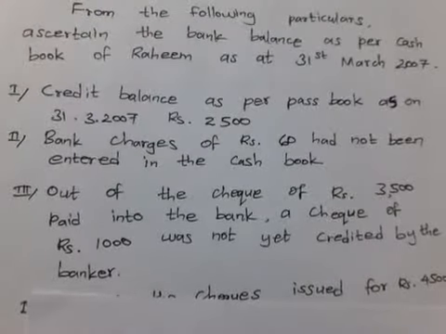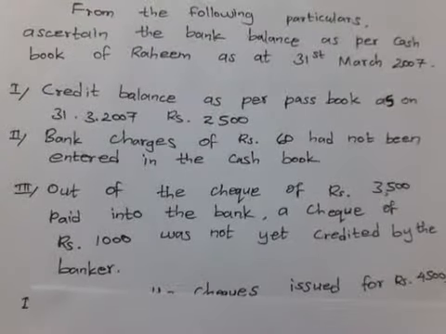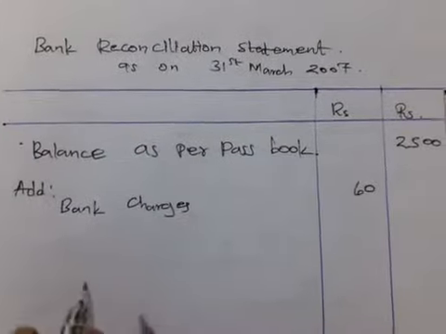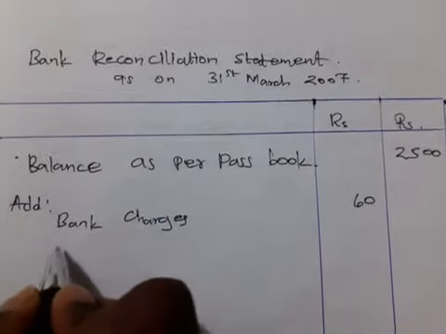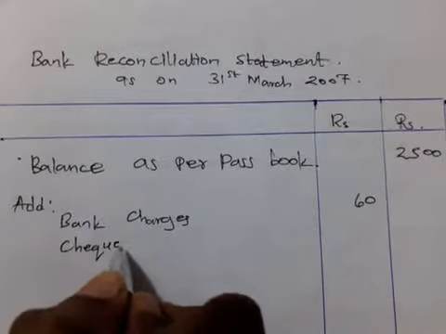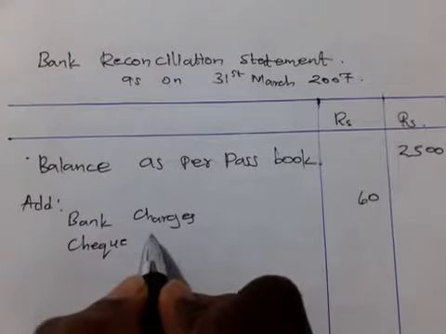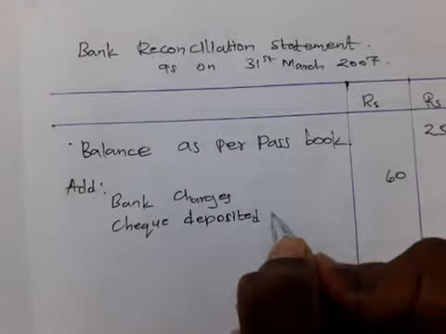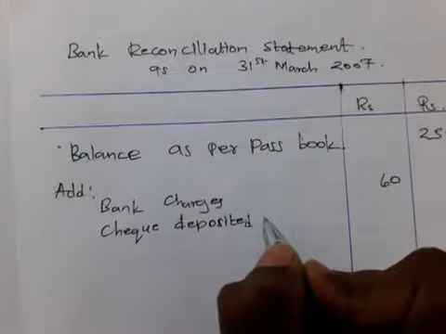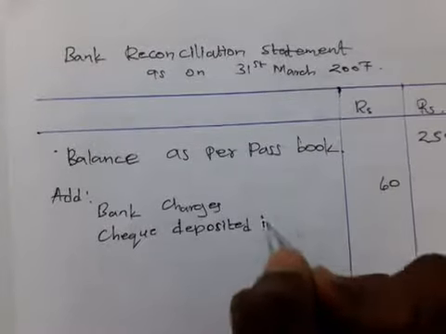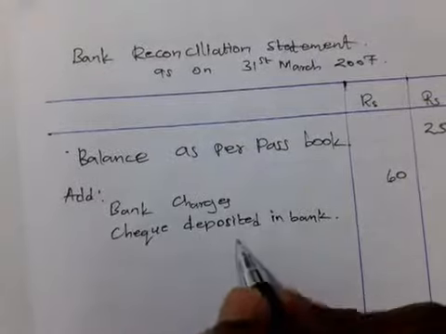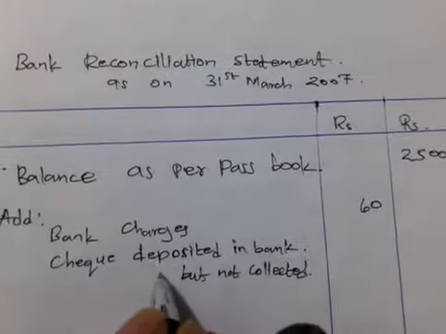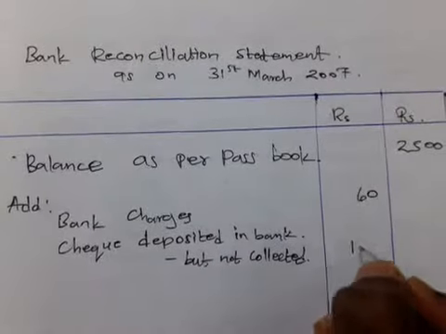So what we have to do, we have to add this 1000 with the passbook balance to find out the cashbook balance. 1000 not collected.